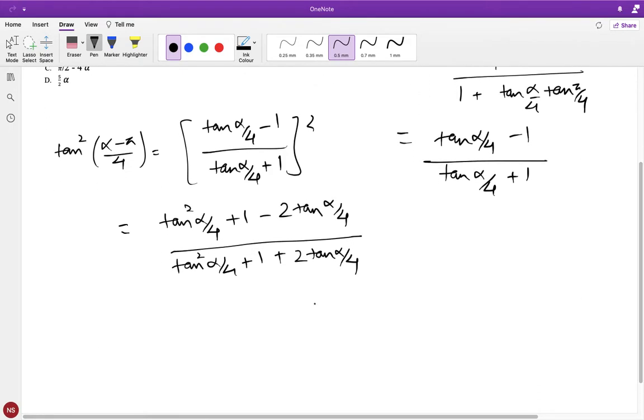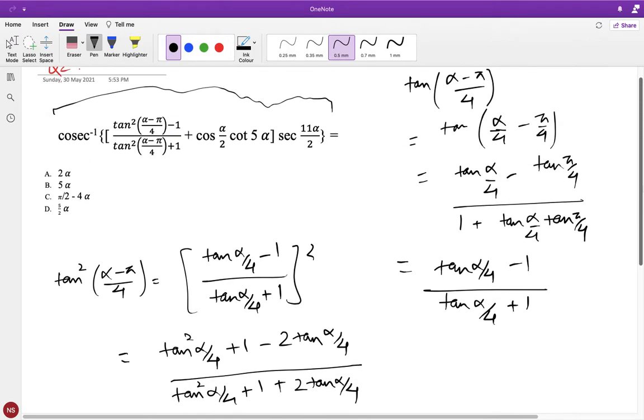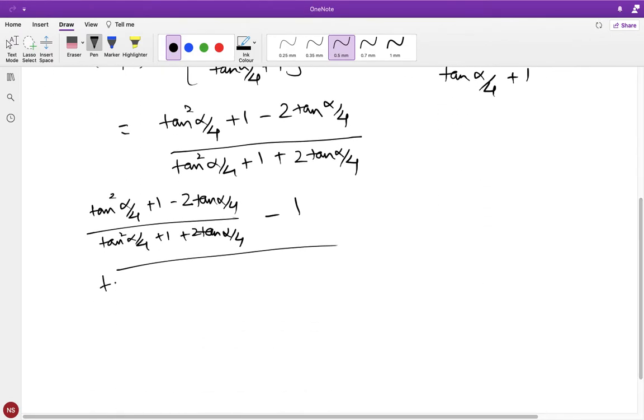Both of these things are here. So this minus 1 and this plus 1, and this whole thing minus 1 and this whole thing plus 1 is also there.